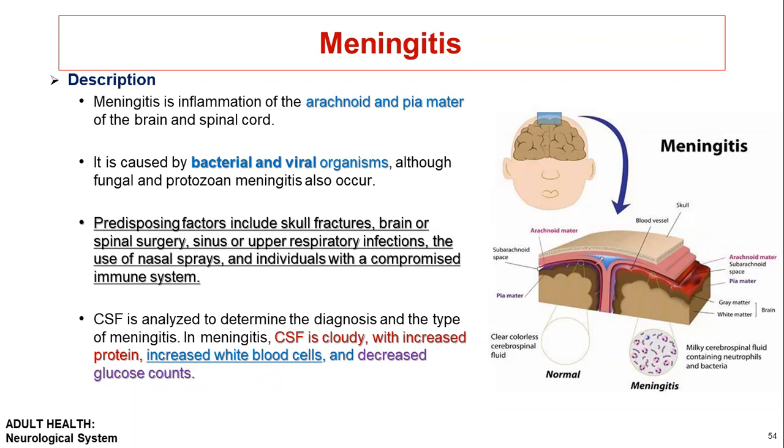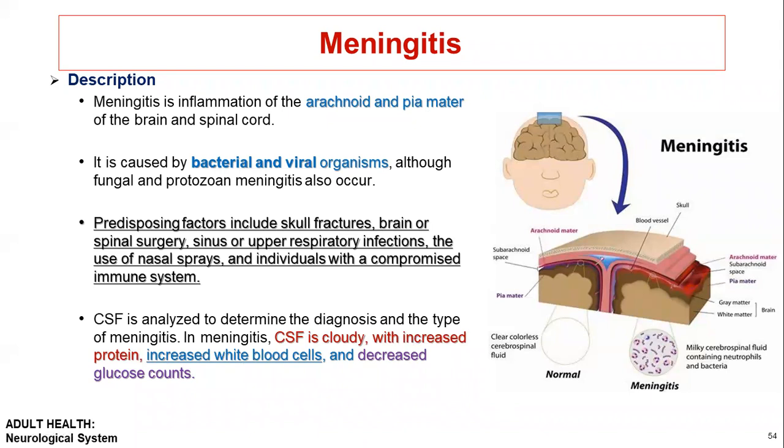If the underlying cause is bacteria, we will see cloudy CSF. But if it is viral, it will be clear, not cloudy, with decreased glucose content but increased protein.